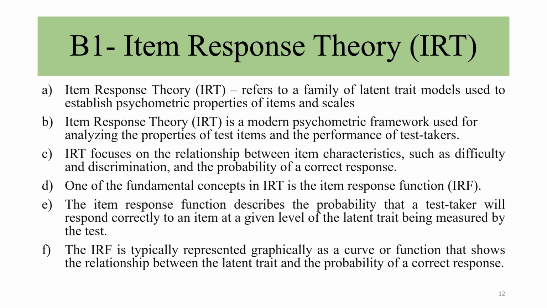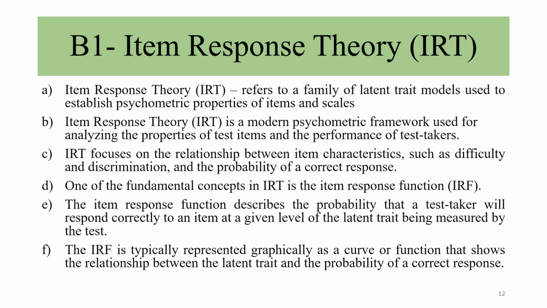So the item response function actually tells us the chance that test takers will respond to the item correctly at a given latent trait or ability level. As I told you earlier, if persons of the same ability level, 100 and 50 of them, mark that item correctly, then we say that the item pertains to that ability level.